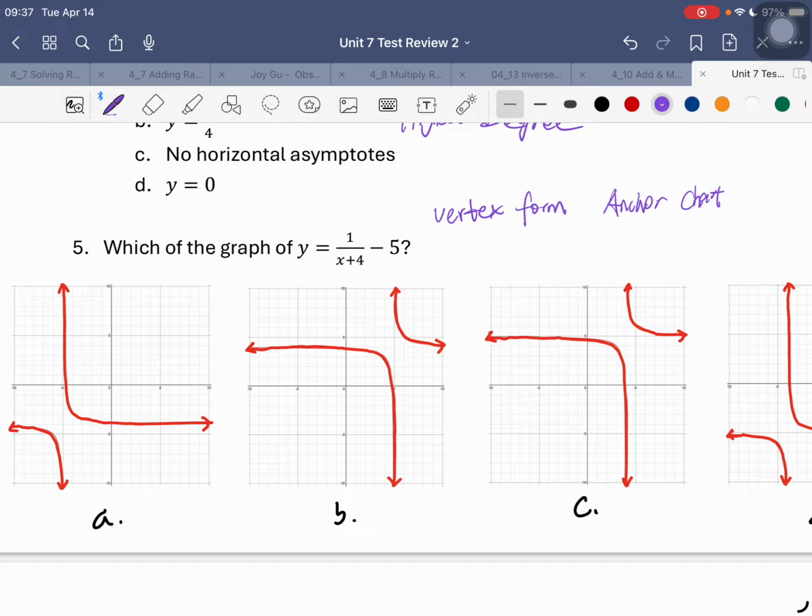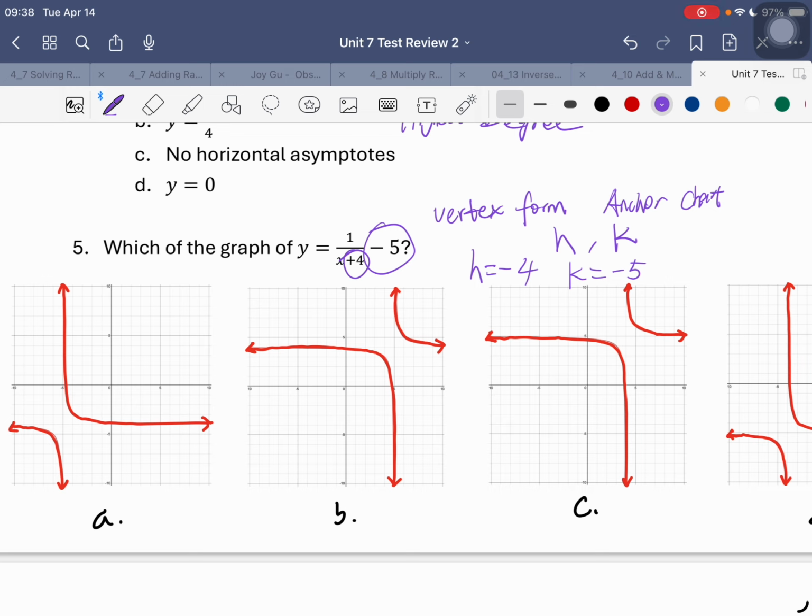So first we need to find the h and the k. H is the opposite. H is always opposite. H lies in the house. And for rational, the house is the long line. H is living under the house. So your H is -4, the opposite. And the K, -5.